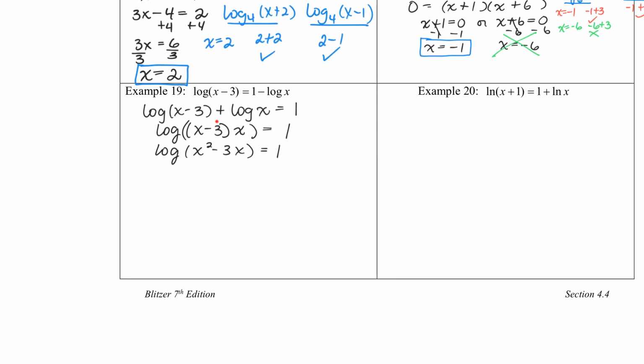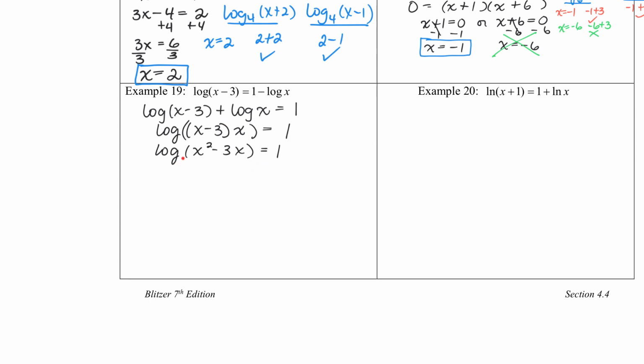And then I used my properties of logarithms to condense this sum of two logarithms into the logarithm of a product equal to a constant. And I went ahead and distributed, then x times x is x squared and minus 3 times x is 3x.